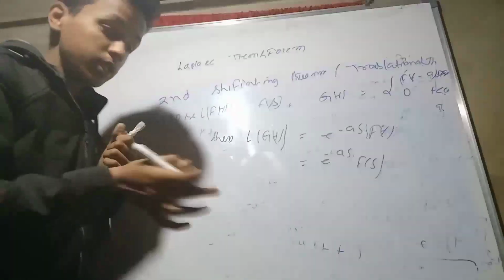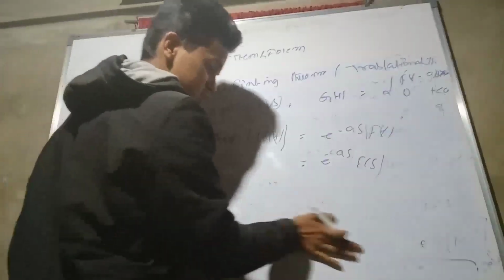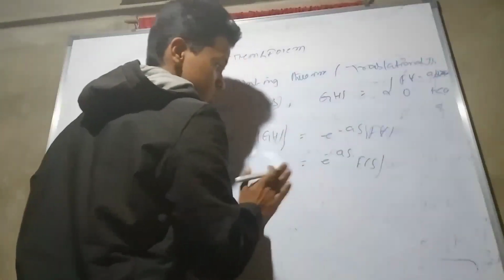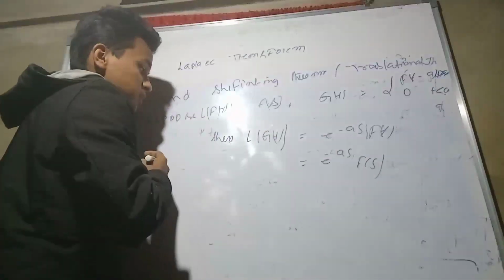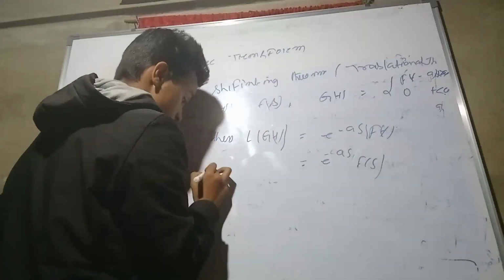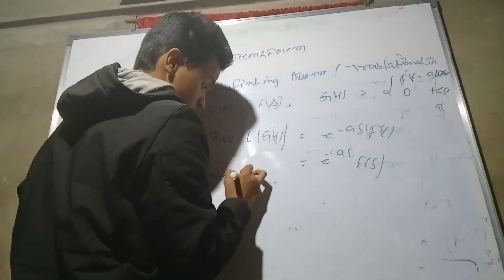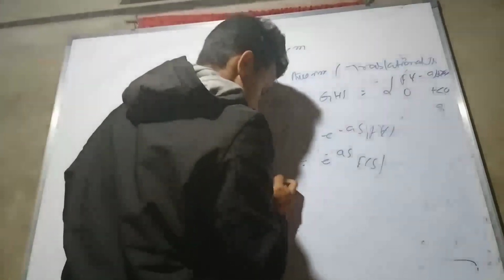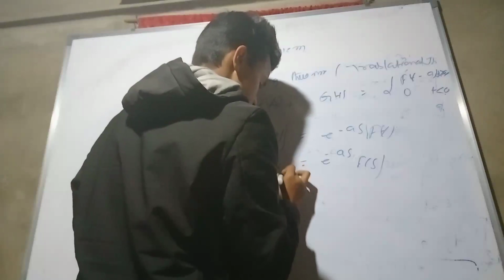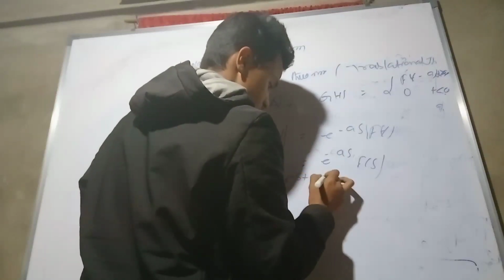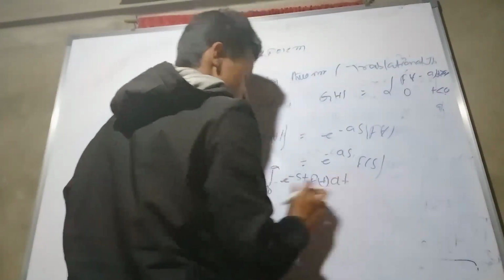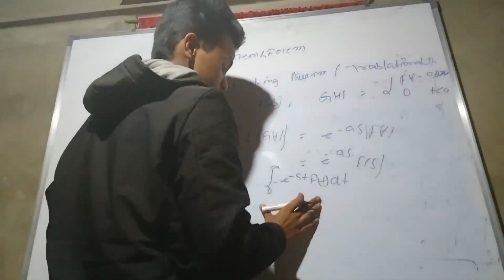Can we prove it? Let's prove our statement. So, the proof. We have the integral from 0 to infinity of e to the power minus s t times f of t dt.